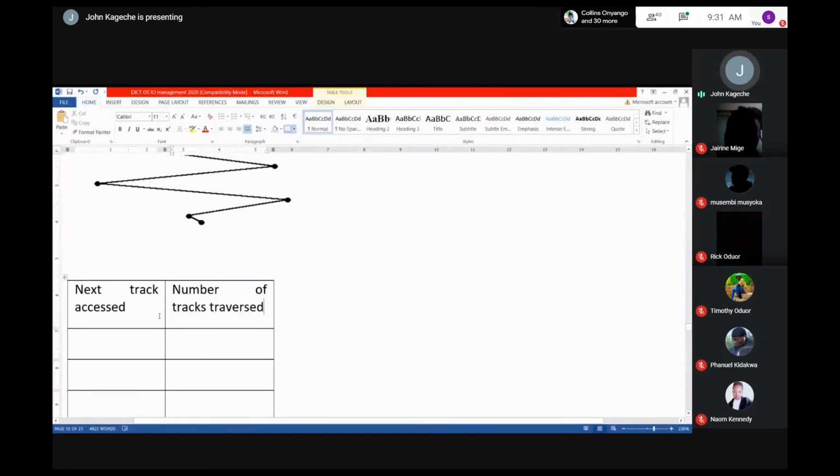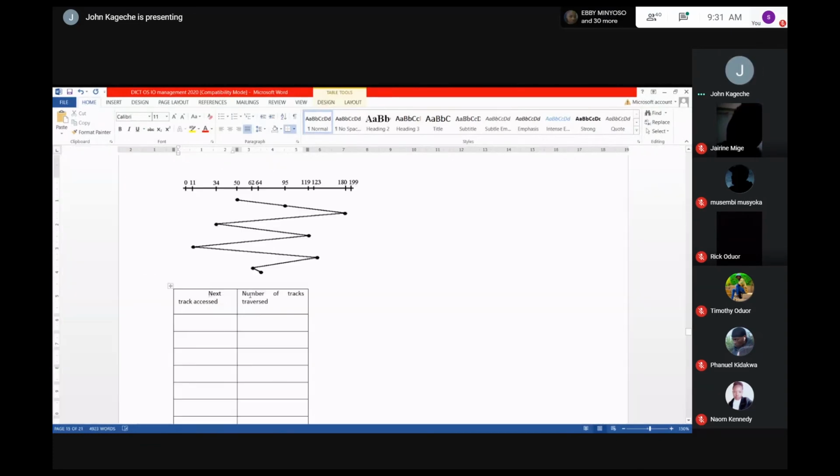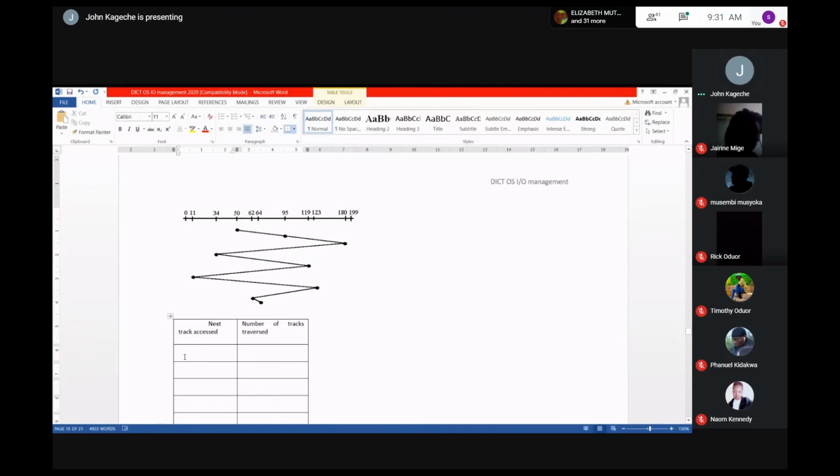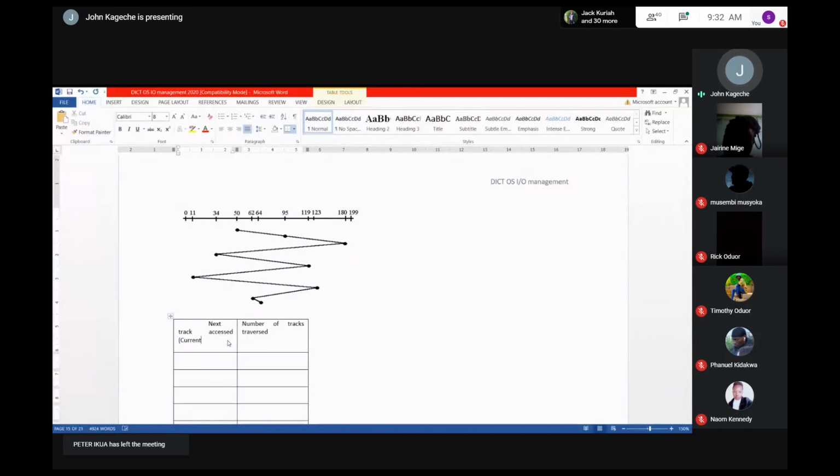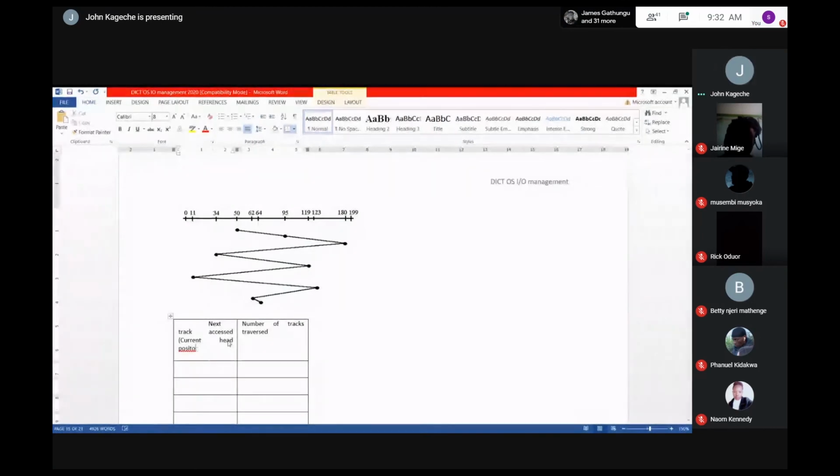Now, the current head position, in our case here, is at 50. Current head position is at 50. Next track to be traversed. We're noting here the current head position is at 50.